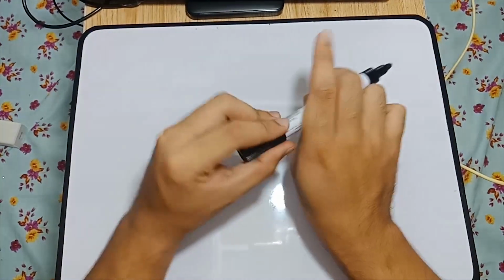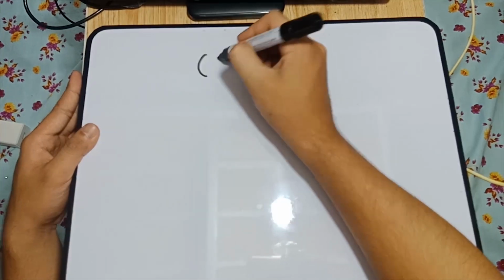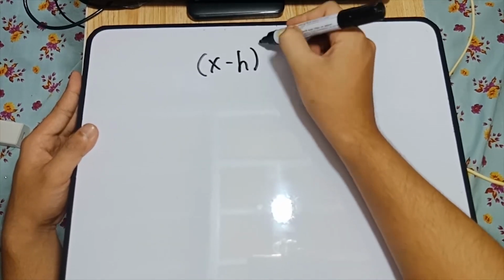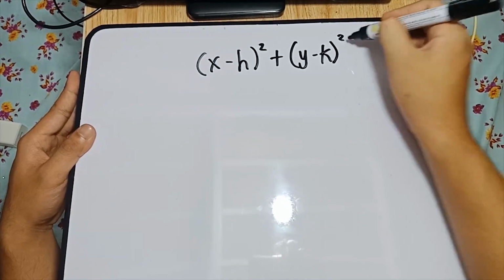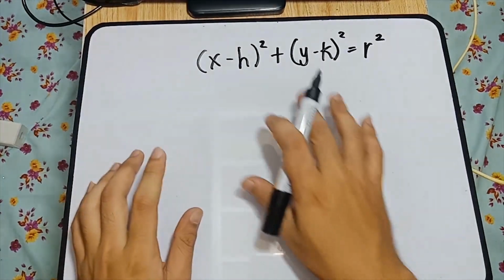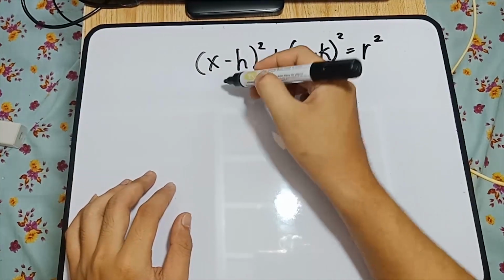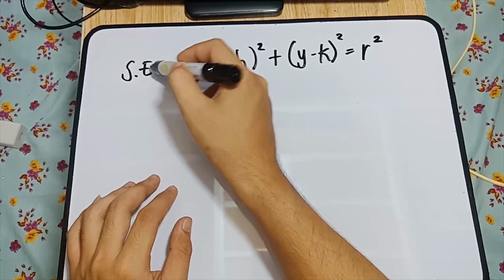Yung standard form natin ay can be written as (x minus h) squared plus (y minus k) squared is equal to r squared. That is the standard equation of a circle.